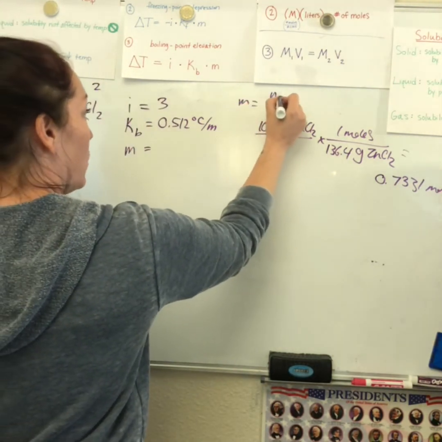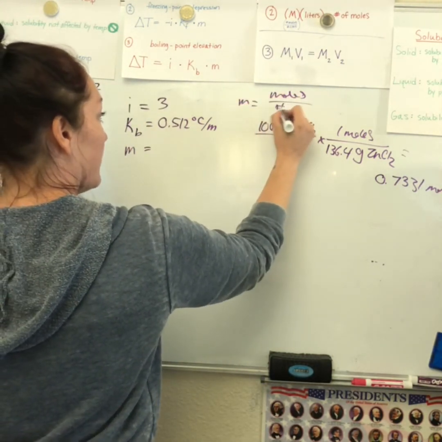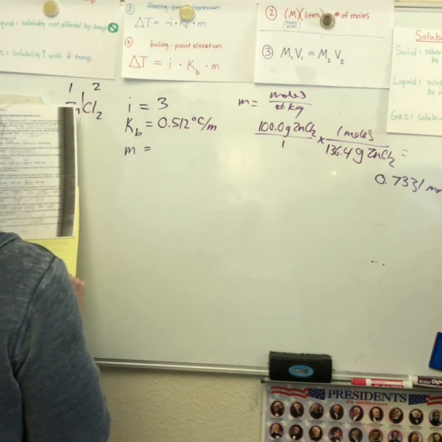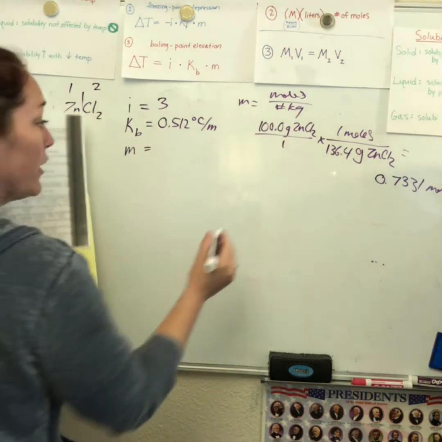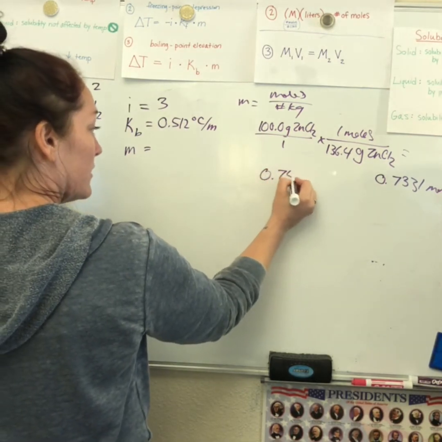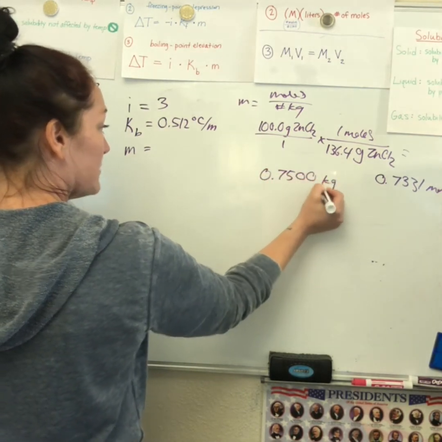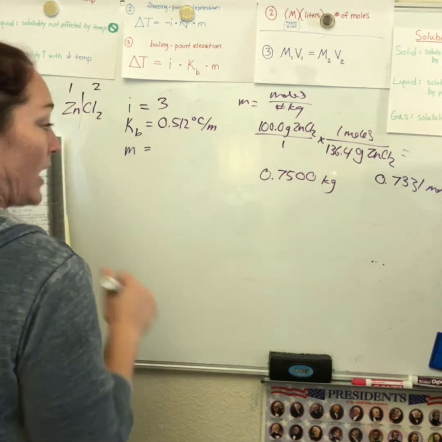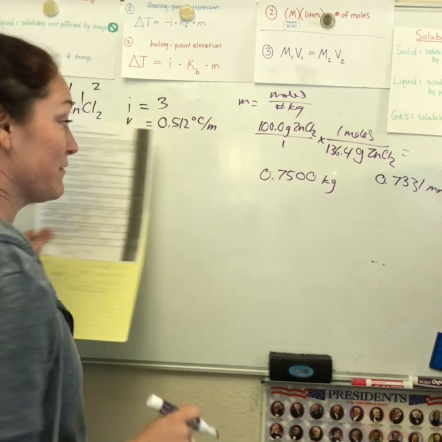Okay? Because we're trying to find m. Remember, moles over number of kilograms. So we just found moles. Now we need to find kilograms. They gave us 750.0. So I know that the kilograms is going to be 0.7500, because I can do that in my head now because we've done chemistry for a while and math.